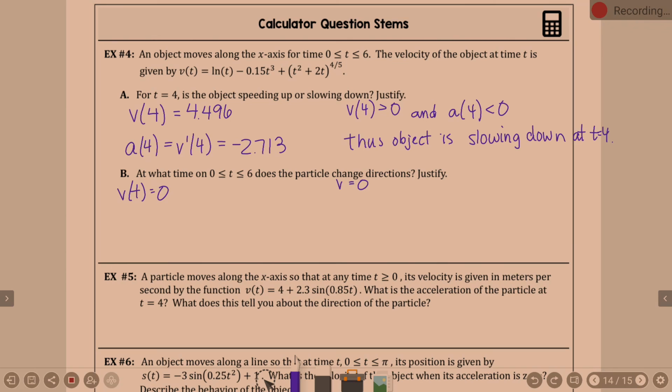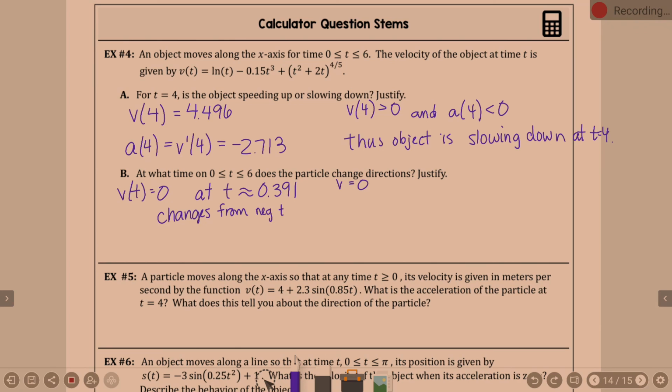So I have v of t equals 0 at t approximately 0.391, and that's because at that point my graph changed from negative to positive.